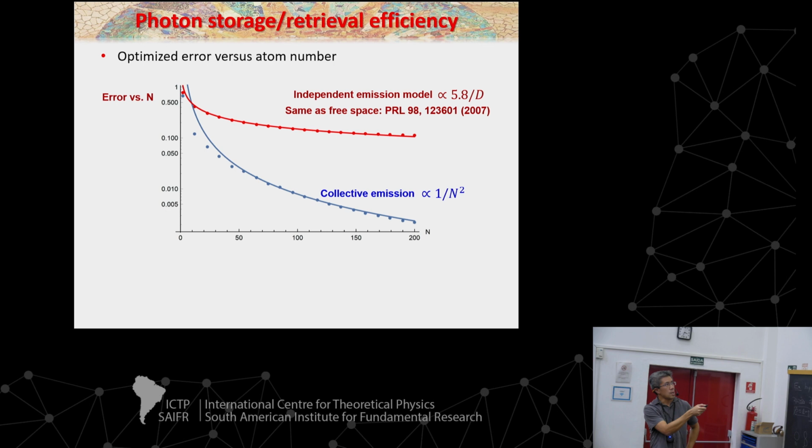If I do the same calculation with a full spin model, fully accounting for wave interference, you see that you do better. Numerically, asymptotically, that seems to scale not like 1 over atom number, but 1 over atom number squared. So this shows that quantitatively, wave interference does make a difference, and it justifies this idea of selective radiance.